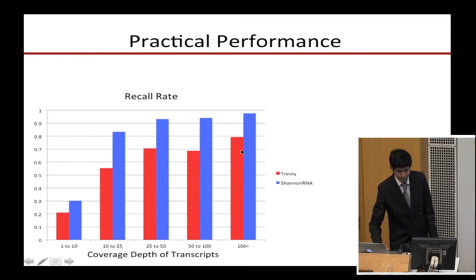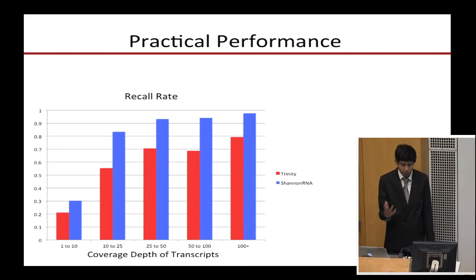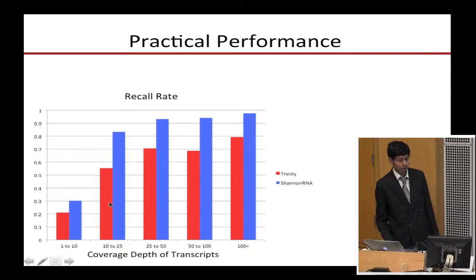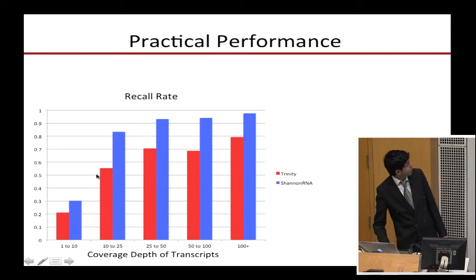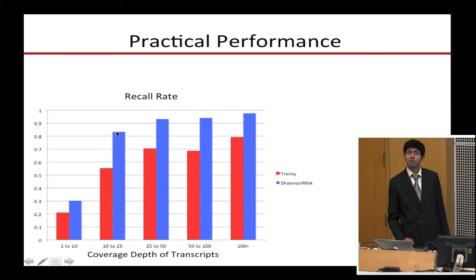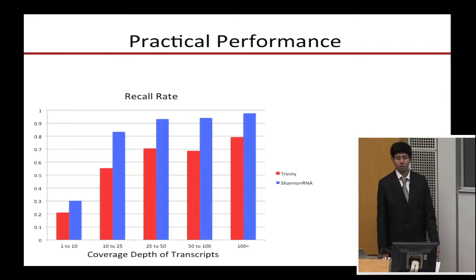Even though our algorithm was derived at the limit of n tends to infinity, which means the high coverage regime, we have many ideas to make this algorithm work at the finite coverage regime. For example, here, you see that Trinity reconstructs 55% of the transcripts, whereas we are able to reconstruct nearly 83% of the transcripts, even when the coverage depth is low.